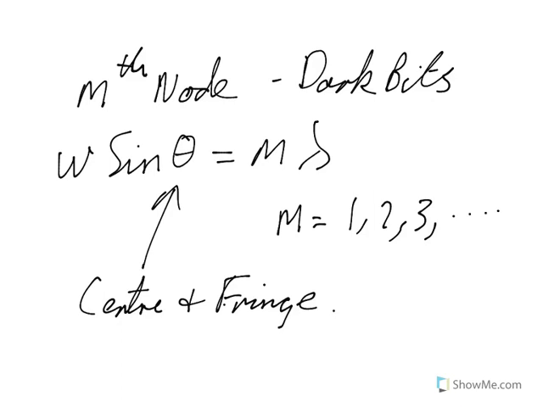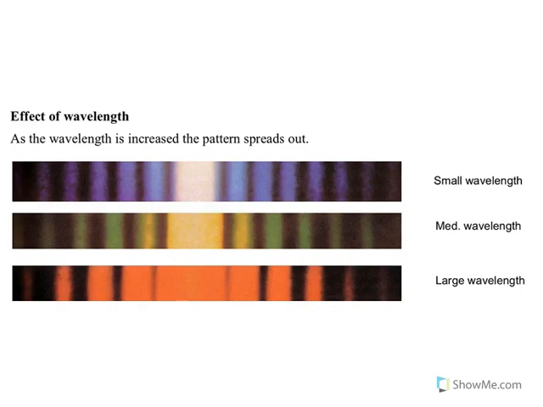Alright, getting there. Alright, so what's the effect of the wavelength? So if we have a look at the effect of the wavelength, here's some pictures here. Small wavelength at the top there, so that's your violet, large wavelength at the bottom, the red, and so you can see as the wavelength gets bigger, it spreads out, so that central maximum ends up being a lot wider.